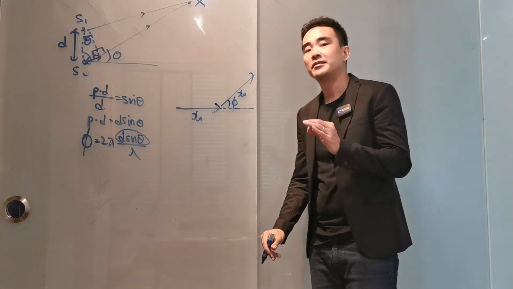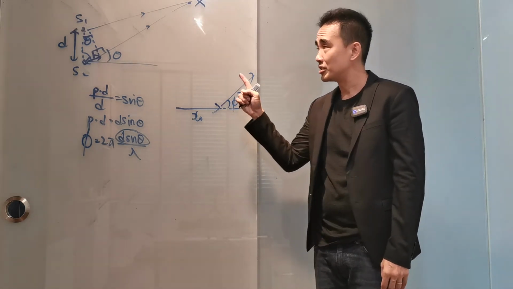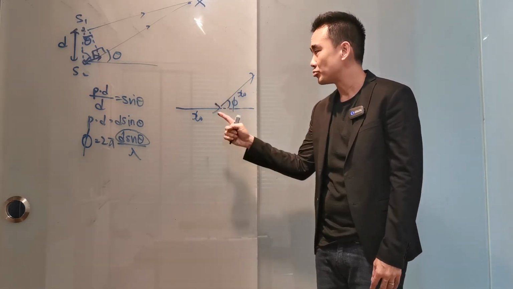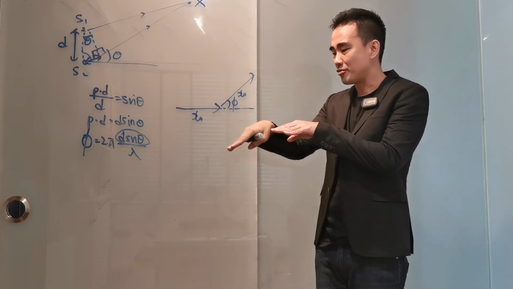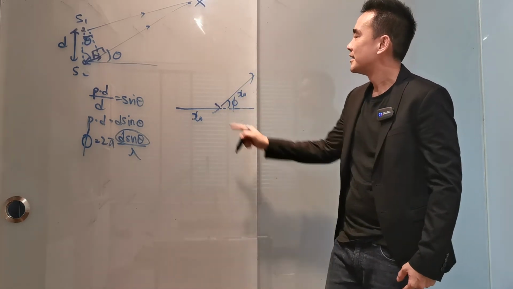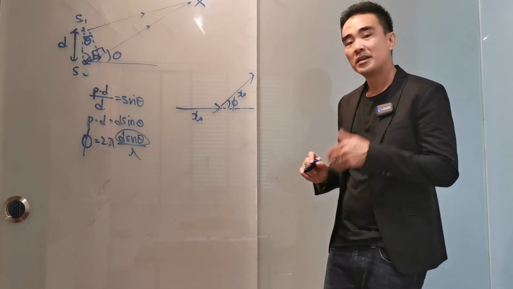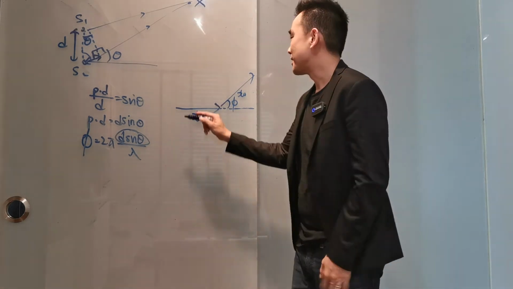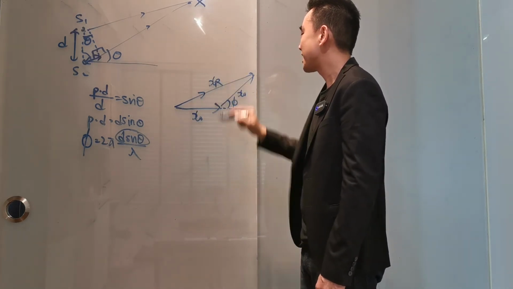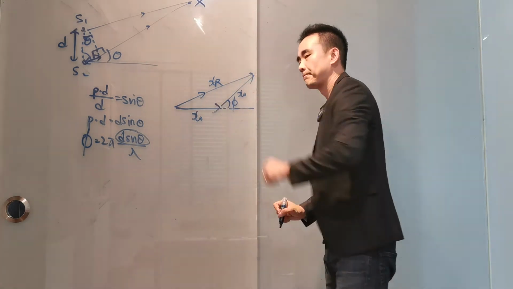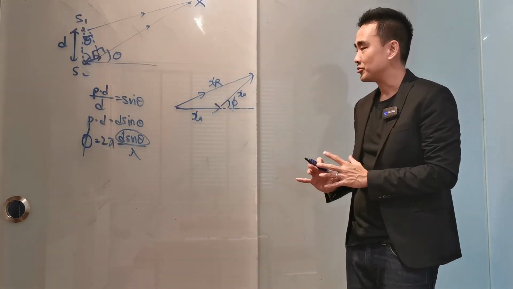So in the Phasor diagram method, we represent this phase separation between the waves from S1 and S2 by this angle over here. It's almost like a vector kind of offset, where you offset the angle by phi and x0, because both waves have amplitude x0. I'm sure that you have guessed by now that the resultant wave has an amplitude of xr, which is from here to here. So this is the Phasor method to find the resultant amplitude.